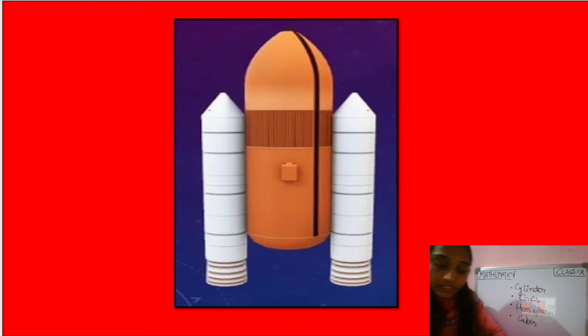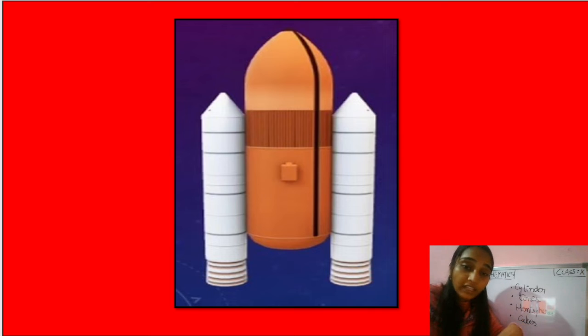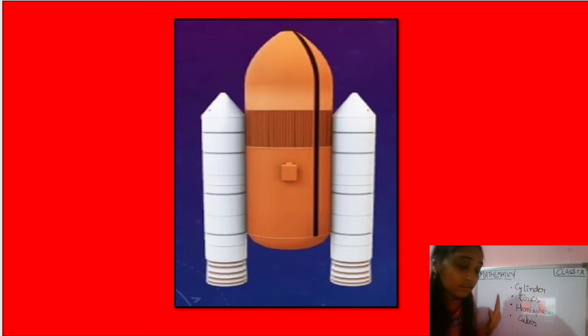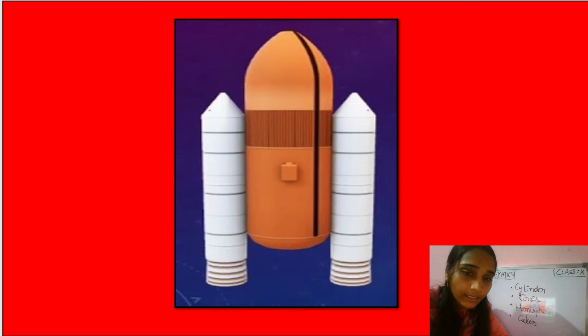So students, you can see that if people have to make rockets, there they can use the concept of covering the total surface areas of these separate solids in order to find out the whole surface area of this rocket. Okay, if they have to cover it with sheets and all, there they use this concept.